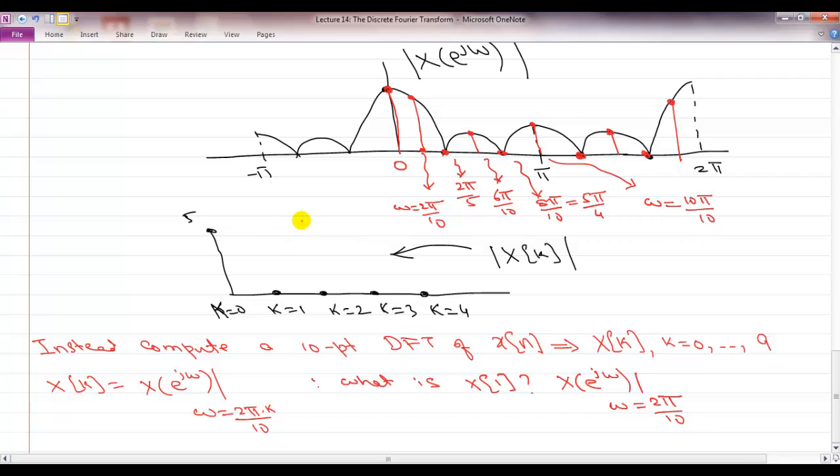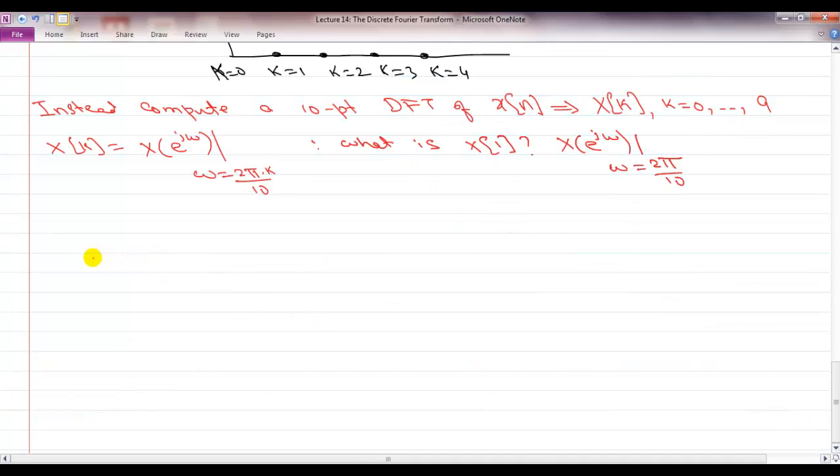Okay. So now when you take your DFT, since you just doubled the number of samples, you are taking one additional sample between the two samples that you were taking before, and the absolute value of your DFT will look like the following.